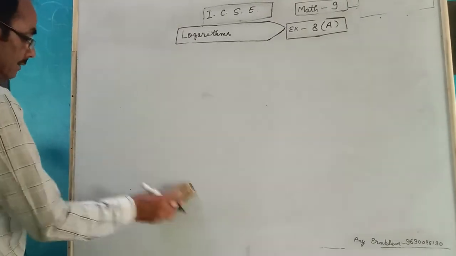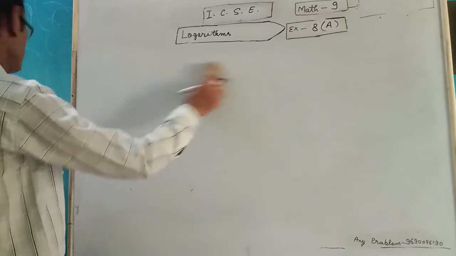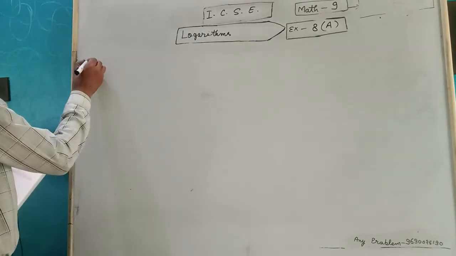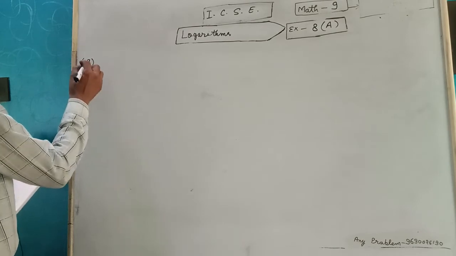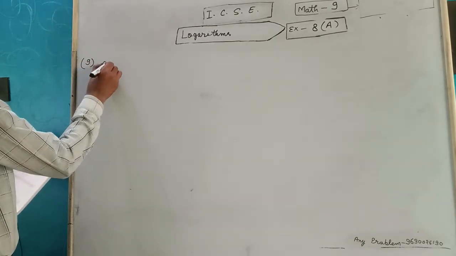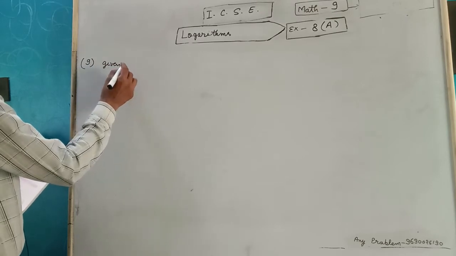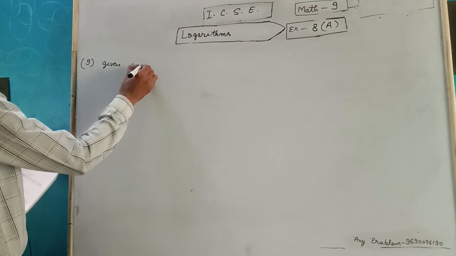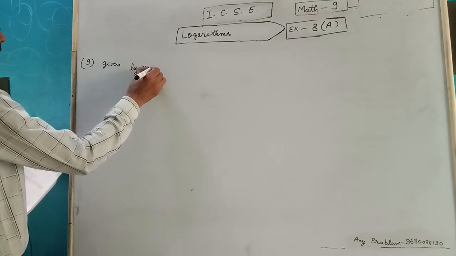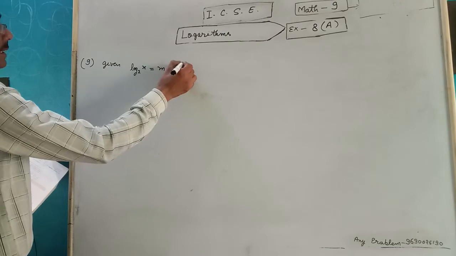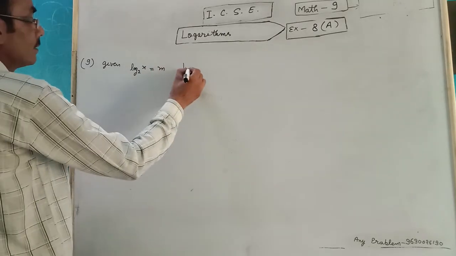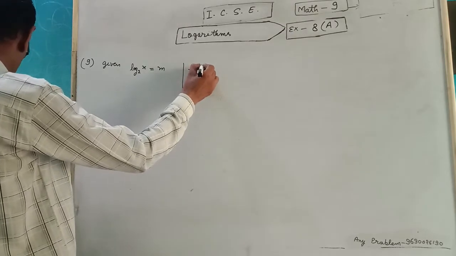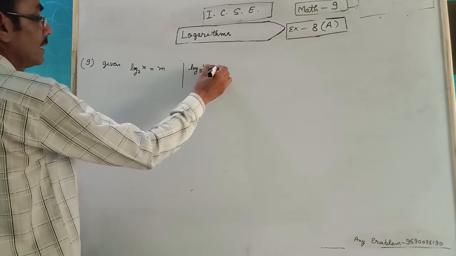The 8th question is given in the question book. Question number 9 is: given log base 2 of x is equal to m and log base 5 of y is equal to m.